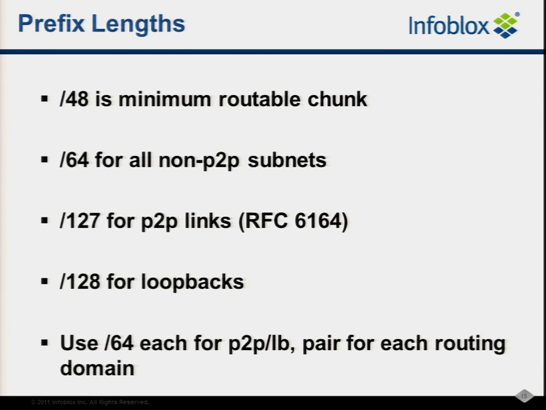So there are some things to keep in mind when you're doing your subnetting plan. There are some rules and some good ideas. One of the issues out there is that, depending on your ISP and the rules, most will not do longer prefixes than a /22 or a /24.